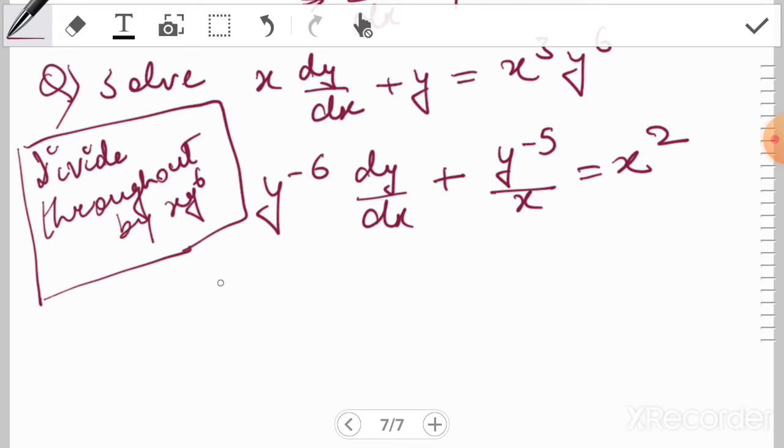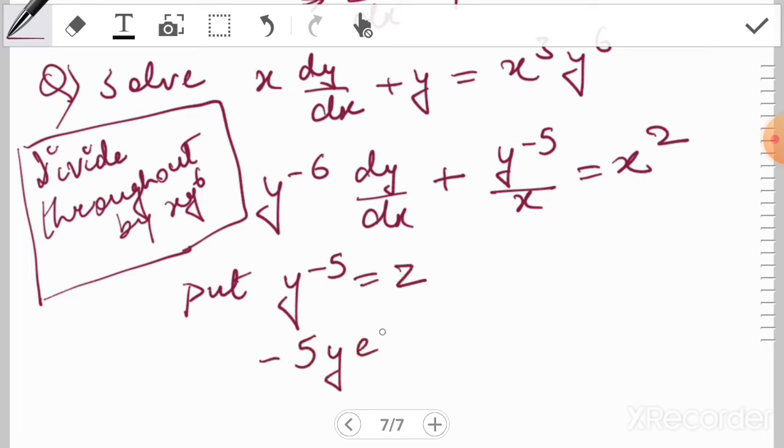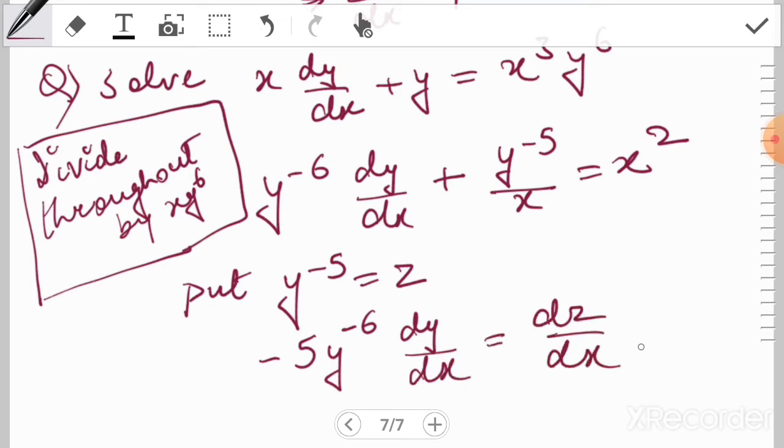Now put y raised to the power minus 5 as z, so that, differentiating both sides, minus 5 y raised to the power minus 6 dy by dx equals dz by dx.